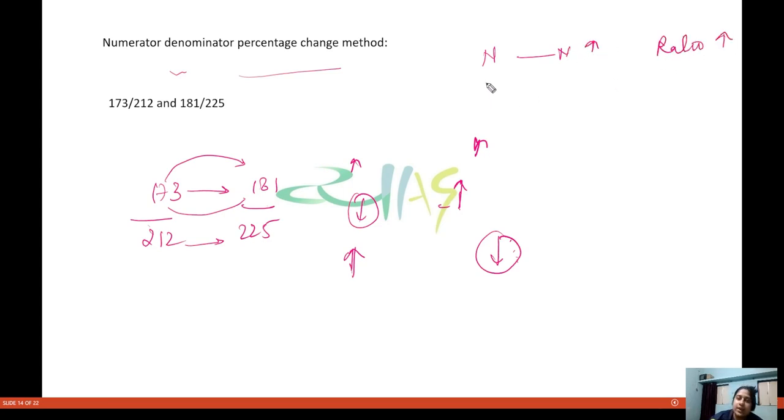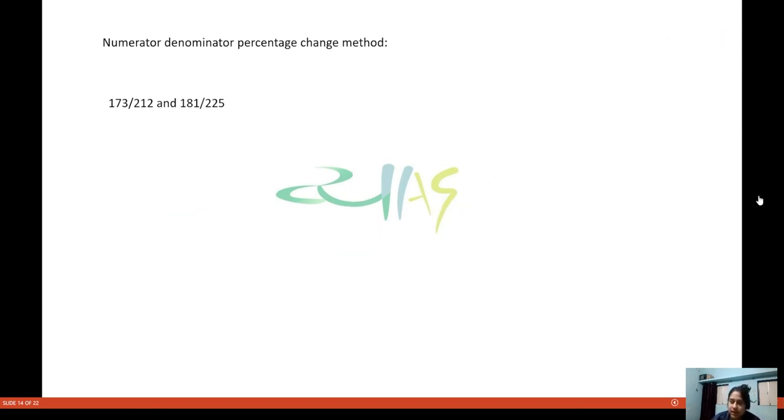Now 10% of 173 is 17.3, and if you divide this by 2, 8 is a little less than that half. So this is a little less than 5%, between 4 to 5%.